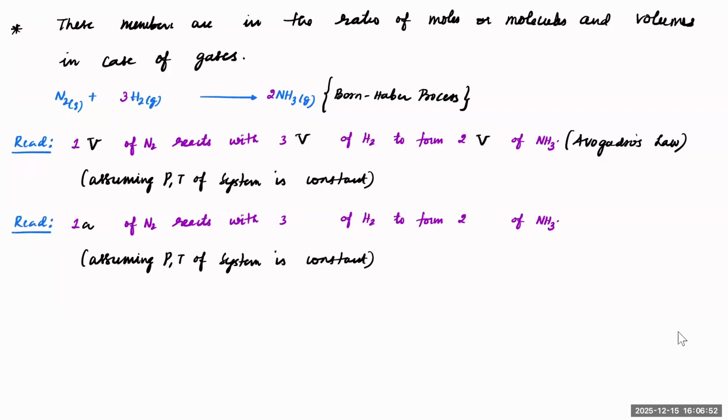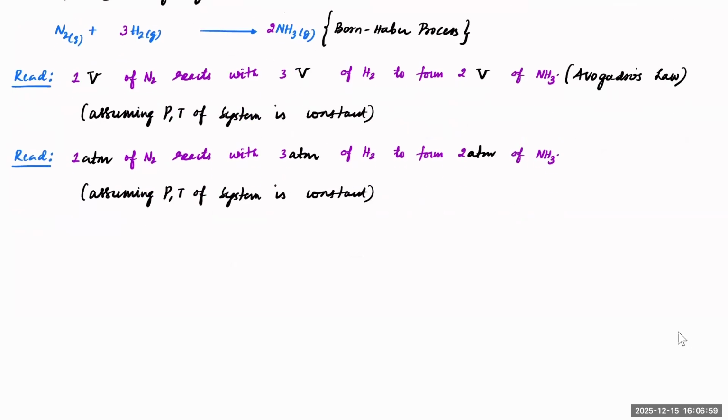Let's say I can use it as 1 atm with 3 atm giving 2 atm. In that case, I am considering volume and temperature are constant. Clear? Volume and temperature are constant.